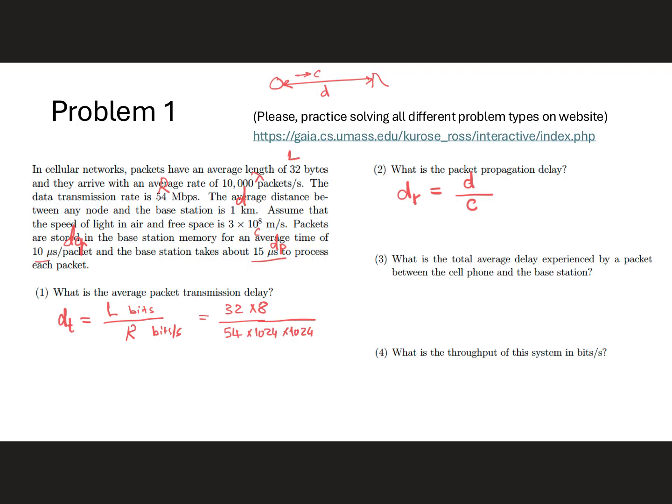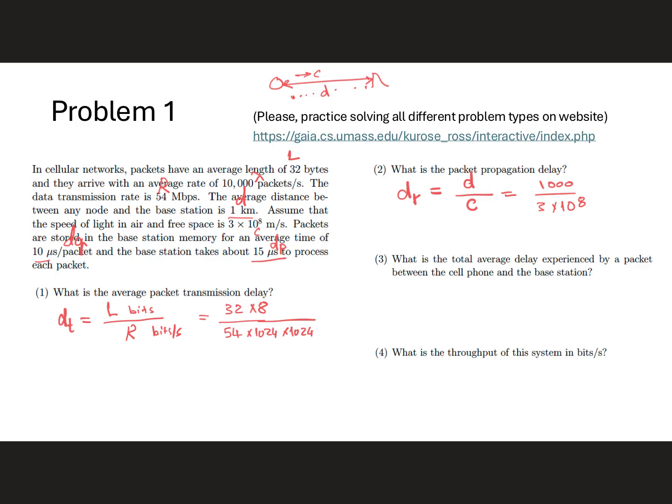So how long it takes the packet since it comes out of here until it reaches here. That's called propagation delay, right? So that is equal to 1,000 because it's in meters. So it's 1 kilometer, right? The distance D divided by C, which is 3 times 10 to the power 8, right? And that will give you the propagation delay.